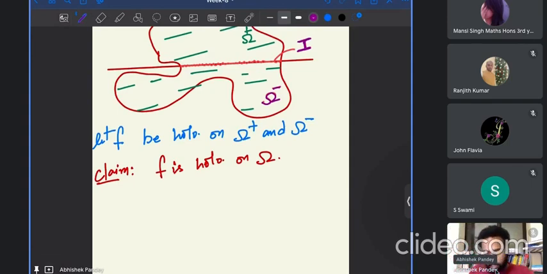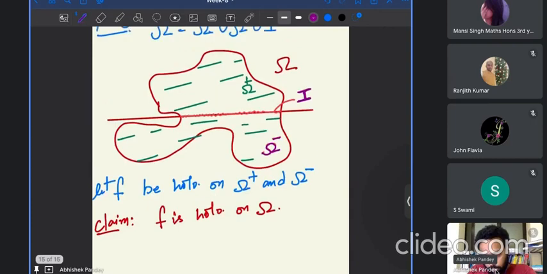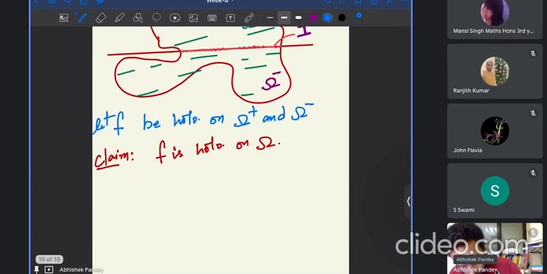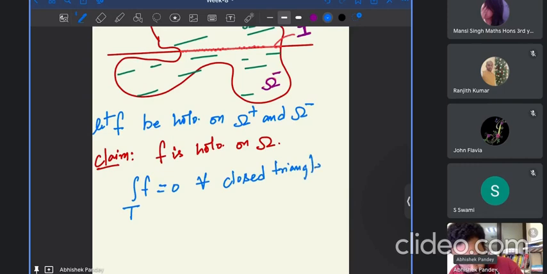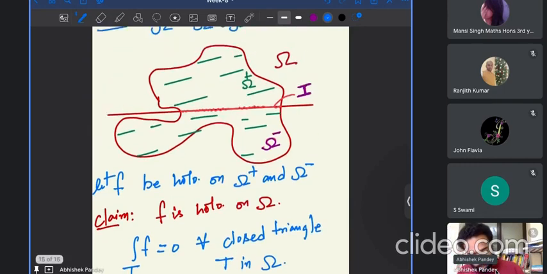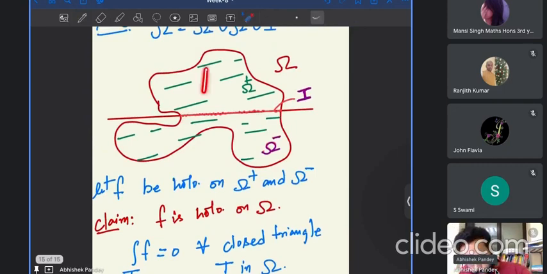So what we need to show is that this integral is 0 for every closed triangle T in Omega. Suppose I take a triangle like this, the integral will be 0, because F is holomorphic on this one.